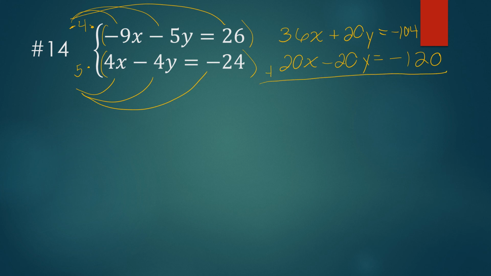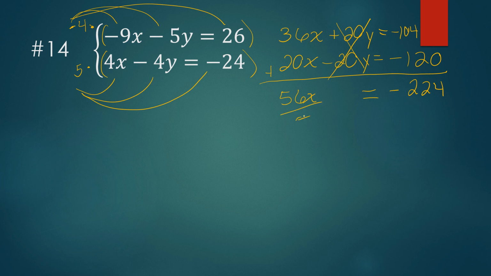Put my equals, my plus, now I can add these together. So 36x plus 20x is 56x. 20y plus -20y eliminates our y's. Bring down my equal sign. -104 plus -120 is going to give us -224.